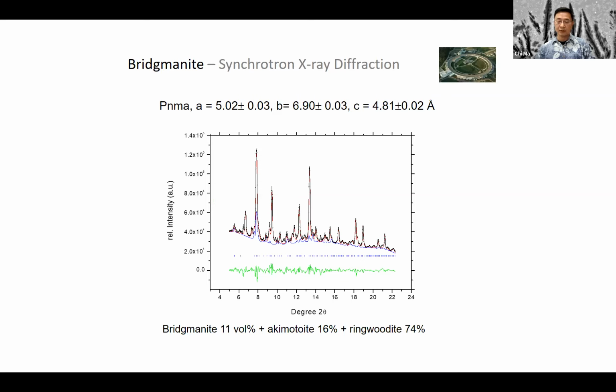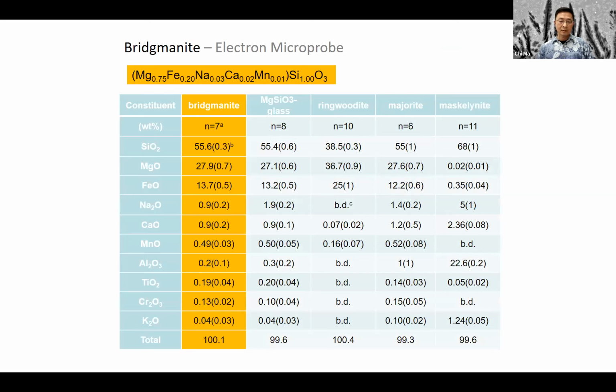Synchrotron diffraction finally reveals bridgmanite in this shock melt pocket along with akimotoite and ringwoodite. The bridgmanite here in Tenhan has this composition with a minor iron in the Mg site, also contains a trace amount of sodium and calcium.